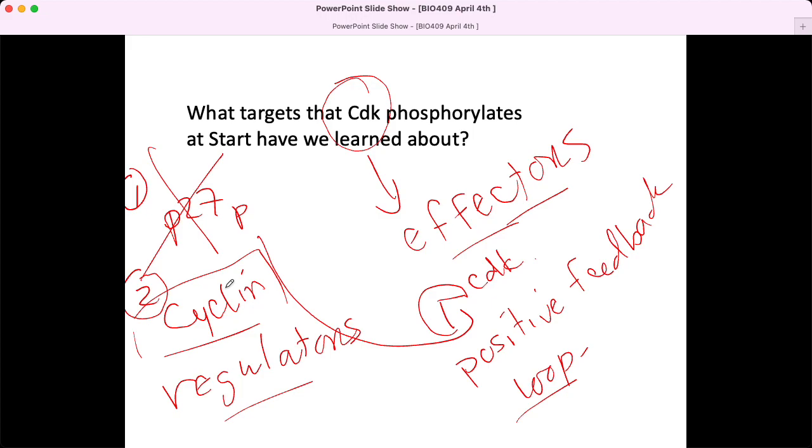And then Joe said P21. Maybe you're right. Are you right? Wait, I have in my notes that P53 is right, now it's P21. Yeah, so P53 is, if there's DNA damage, that is going to get phosphorylated, and then that's going to lead to the synthesis of P21.